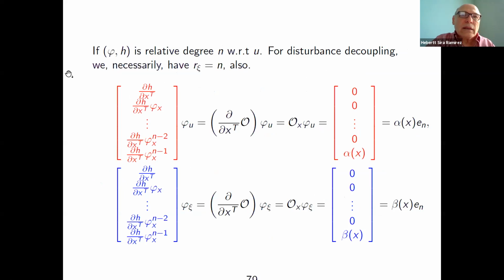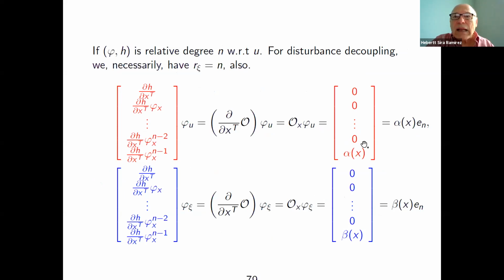So in the definition of the relative degree, the gradient vector of the output times the partial derivative of the state map with respect to u is 0. The second advance of the output does not contain the influence of the control, and so on.